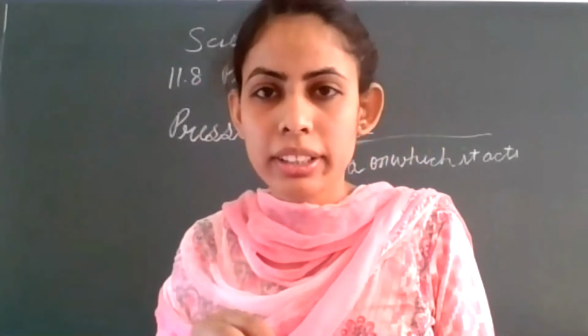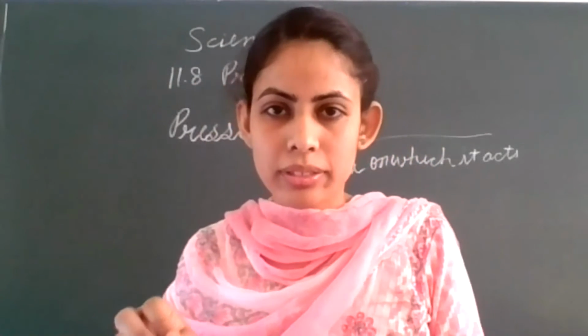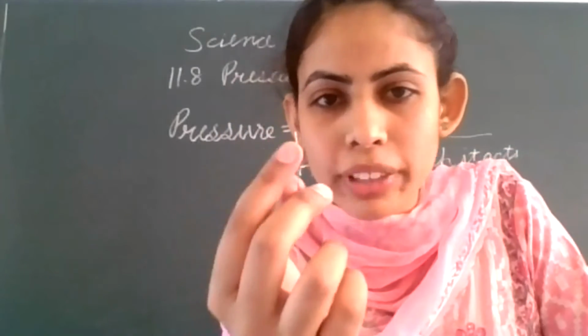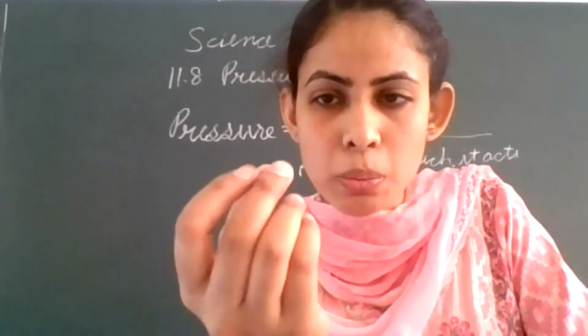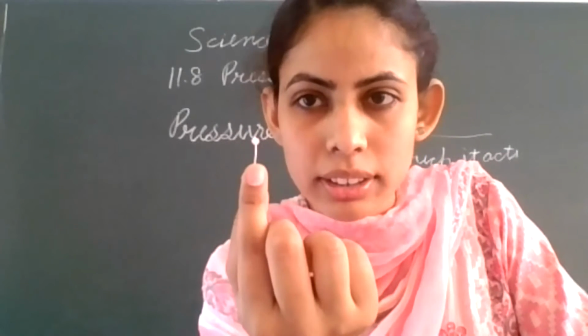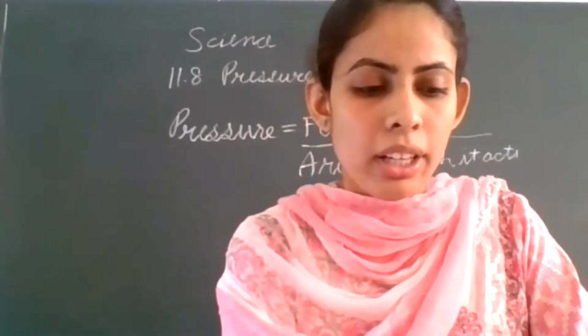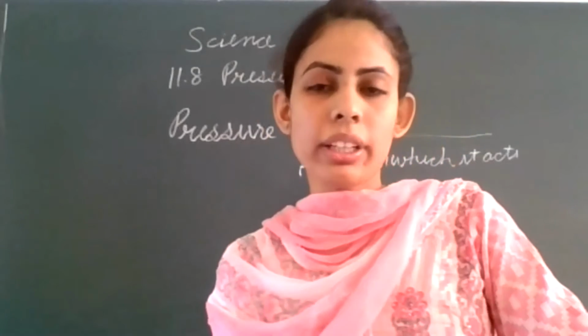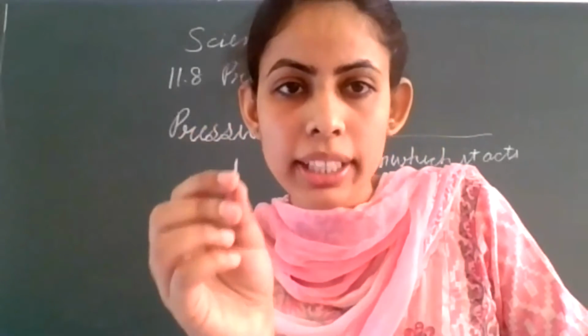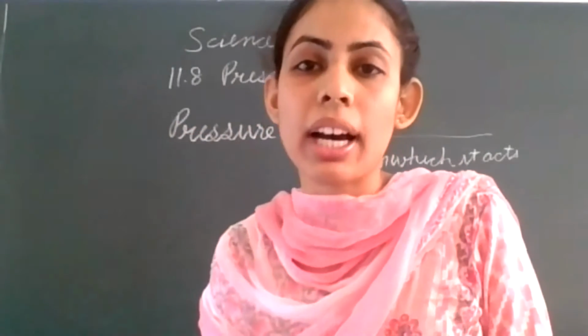So why? The reason is the same. The area of this pin is smaller than its end. So what we are concluding is, if the area is very small, then the pressure exerted will be large.